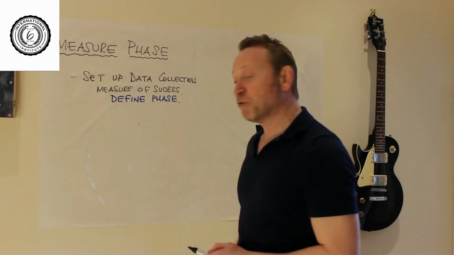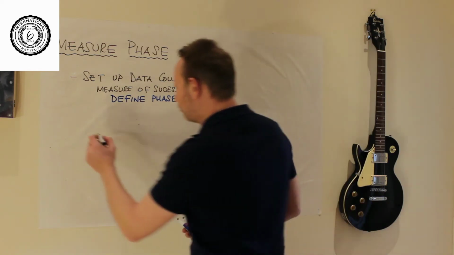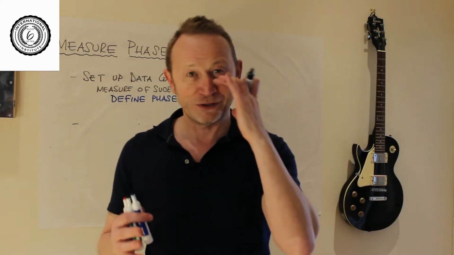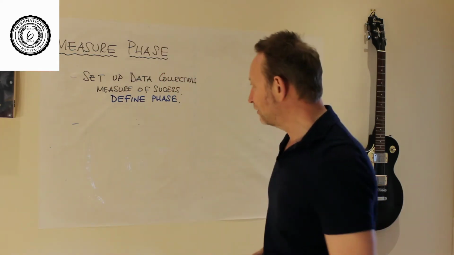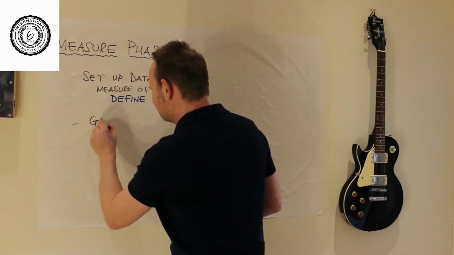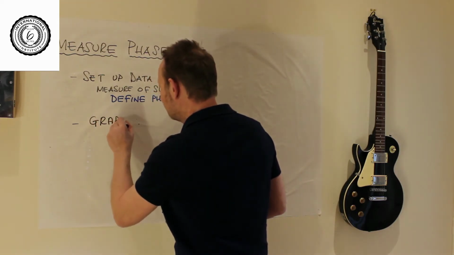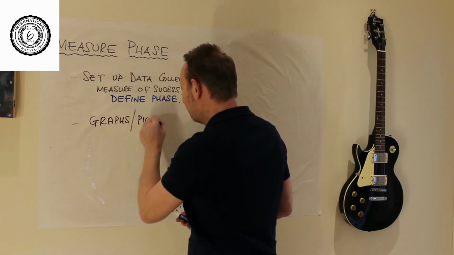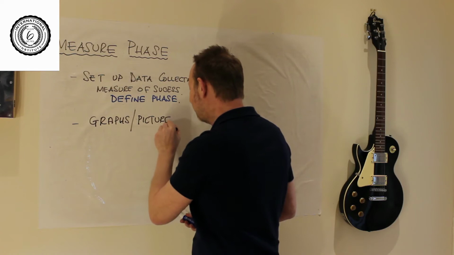So okay, that could be one of the things you're doing. Let's say you already have a measurement set up. Well, what's one of the things you want to be doing at the measurement phase? One of the things you might want to do is generate some graphs or some pictures, which you don't currently do.